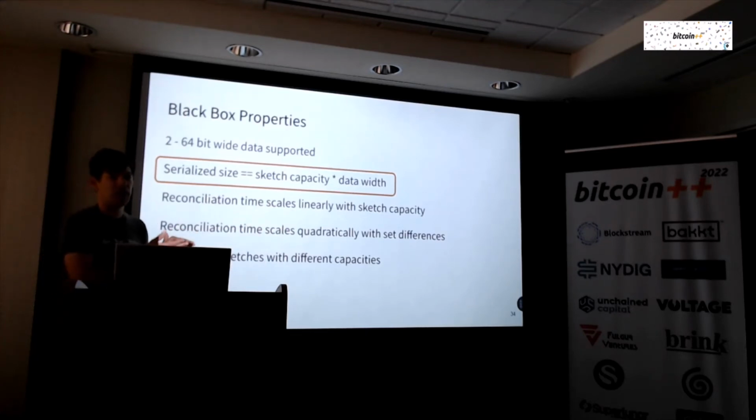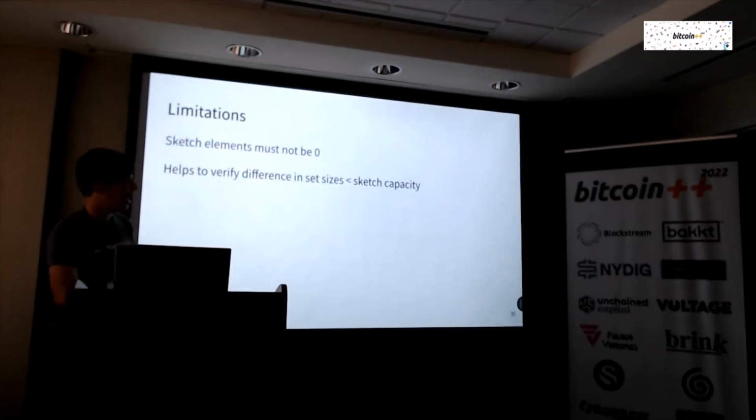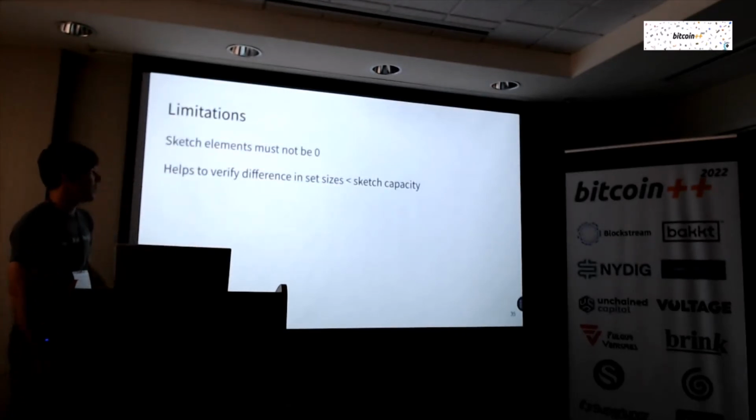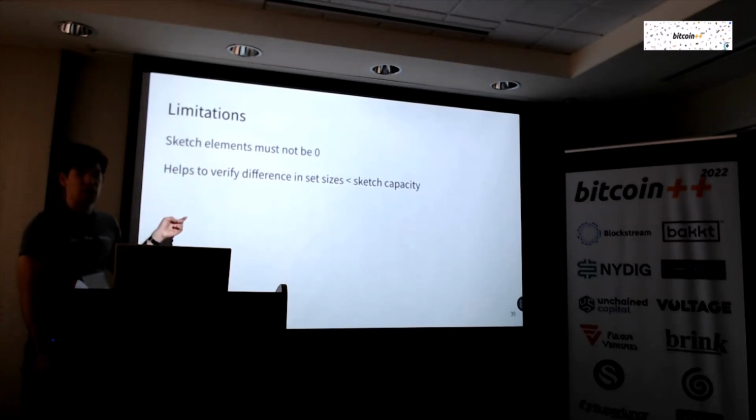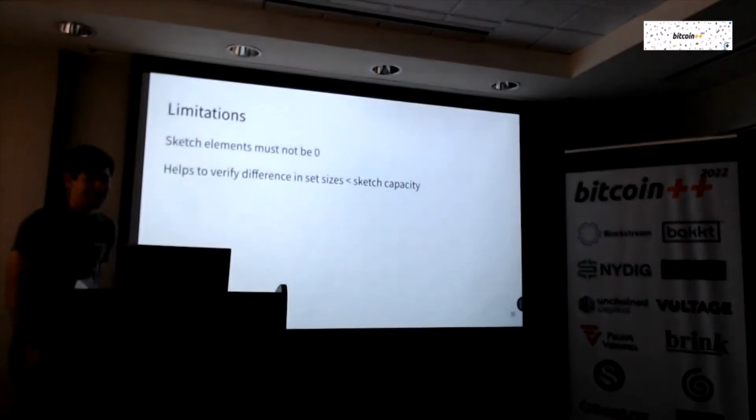You don't want to get too carried away with how big the set differences are. And then a couple basic considerations to keep in mind. You can't encode an element of 0. When we initialized our sketch, it was with null elements. So you can choose any number apart from 0.